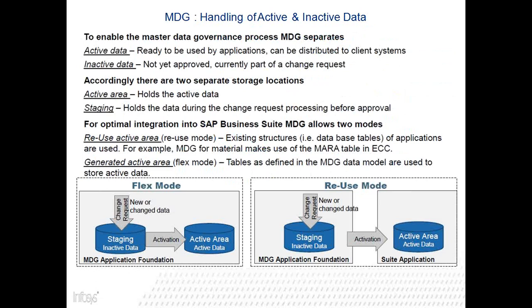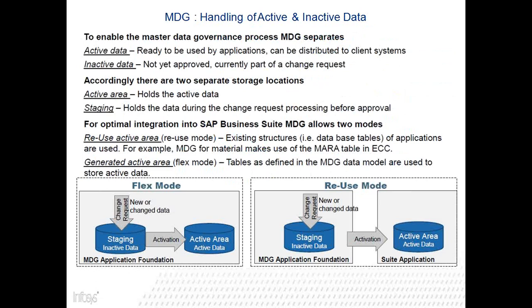Sometimes in my business, as soon as I create my account, I want to replicate immediately. That is also possible. Then it comes under flex mode, right? Immediate is possible. Sorry, reuse mode. No, that is not the thing. The framework is designed only to have control on my replication.